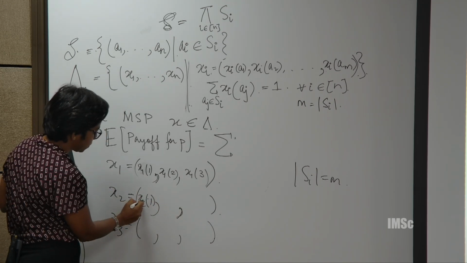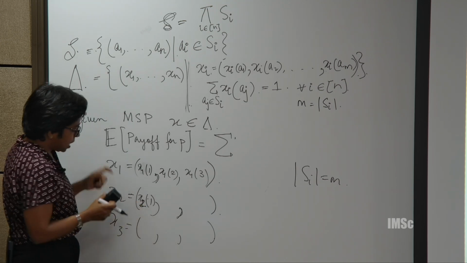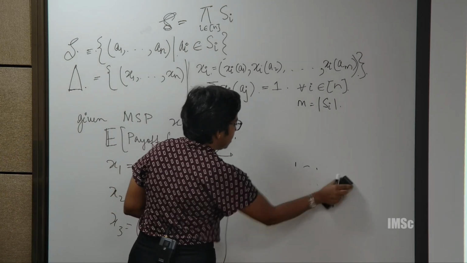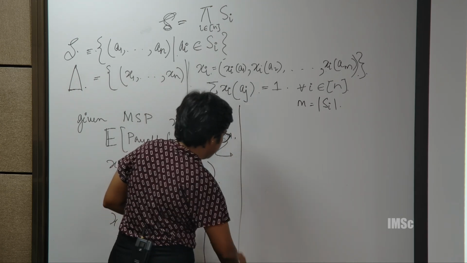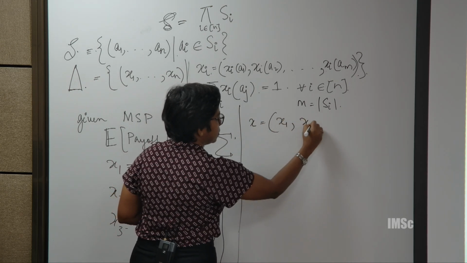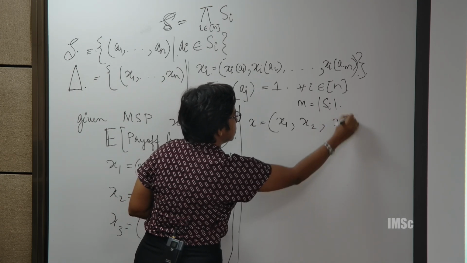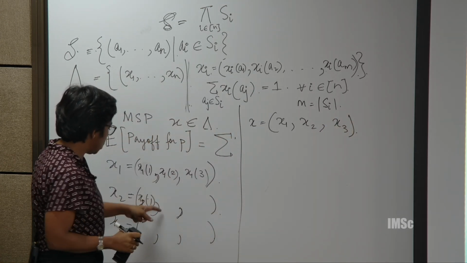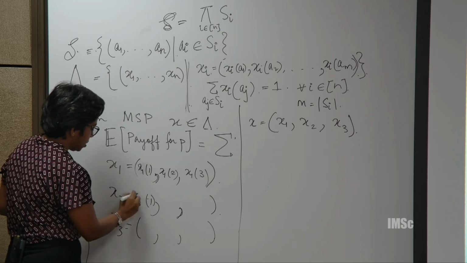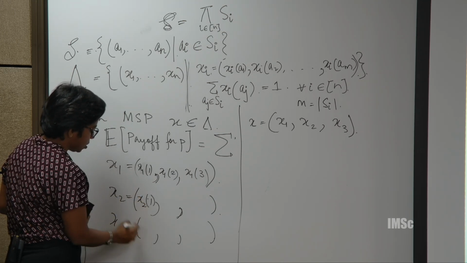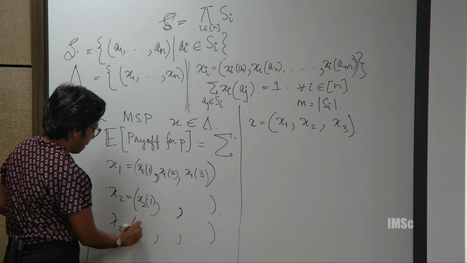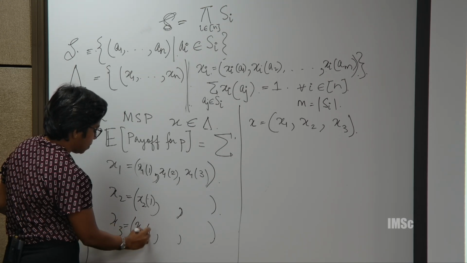So, if x is the strategy that they are playing, x consists of these values, these are probability, I think they are called density functions, I forget the precise name, probability mass.